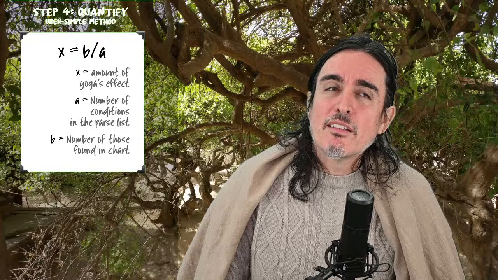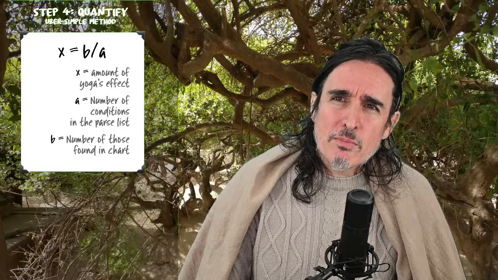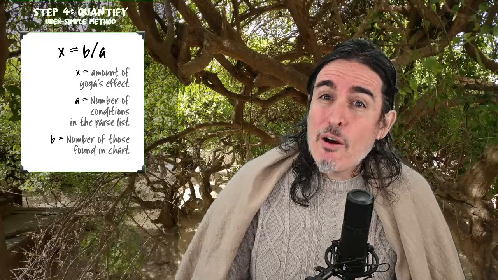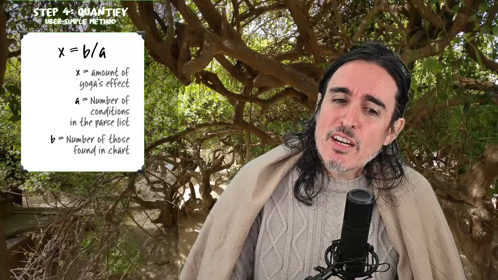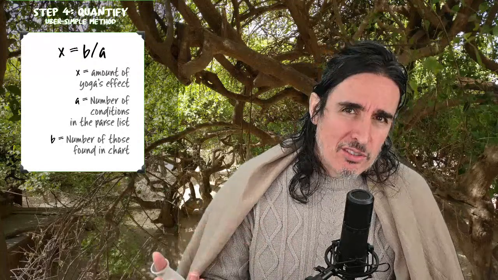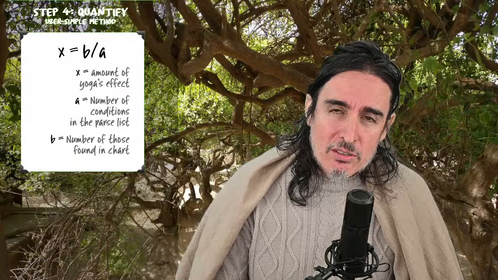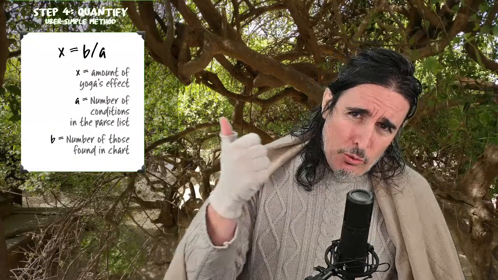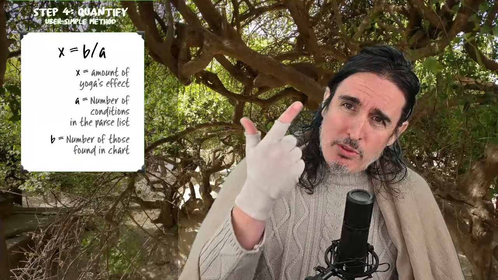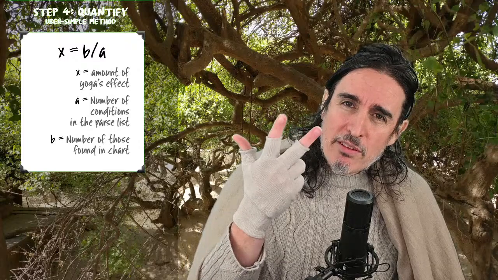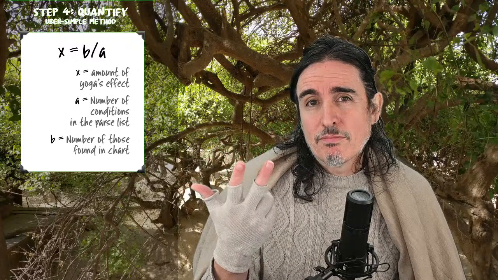Jupiter in debility in the first house aspected by Venus equals fat. But how fat? Well, the way that you figure it out is how many conditions are in this yoga. Jupiter in first house, Jupiter debilitated, and Jupiter aspected by Venus. I see 3 conditions.